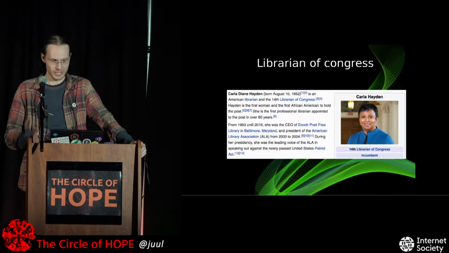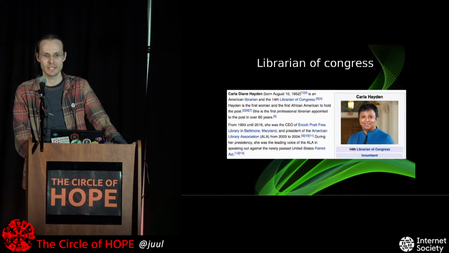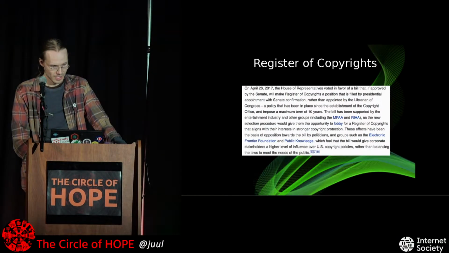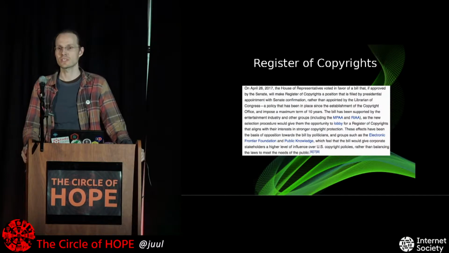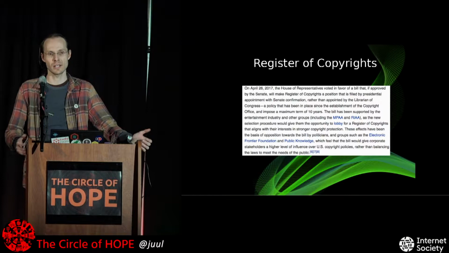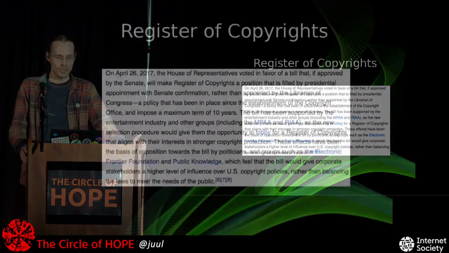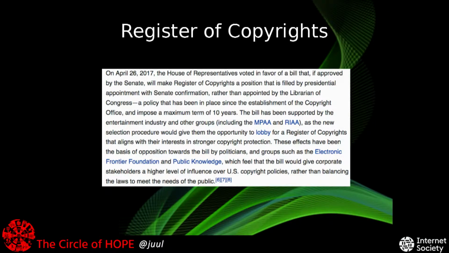Of course, we can convince a librarian who's against the Patriot Act that we should be able to jailbreak these devices. But it turns out that the Librarian of Congress is actually just signing off on these things, and who's actually in charge of looking at all the public comments and figuring out what should be exempt is this person called the Register of Copyrights. Not the registrar for some reason, it's actually called the Register of Copyrights.